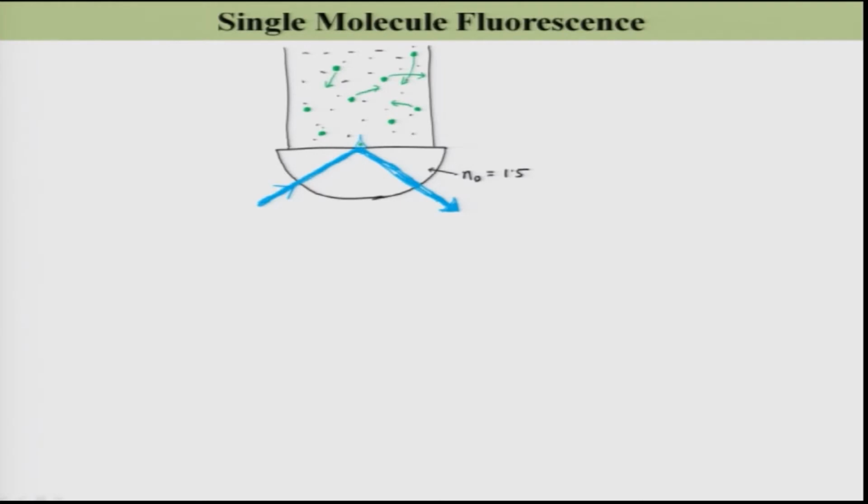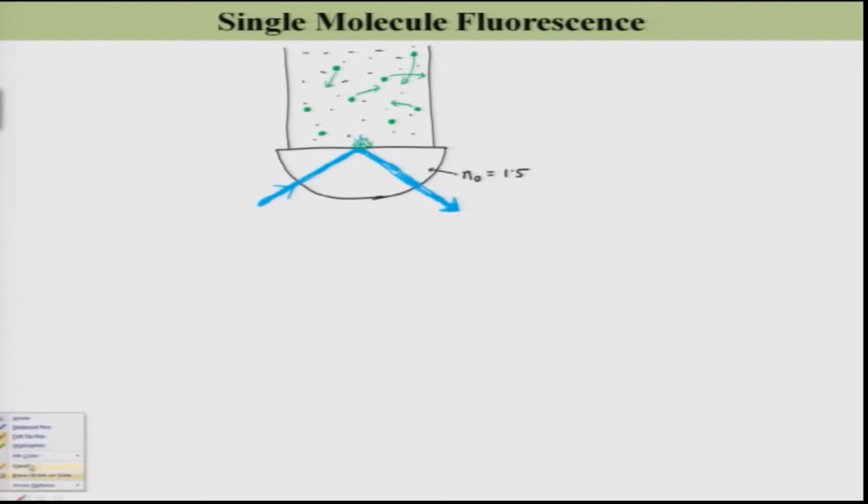Here the evanescent field, having a wavelength similar to the excitation of this incoming light, will be able to excite your fluorophore. Then you will get fluorescence only when your fluorophore is present inside this small observation volume. When the fluorophore is present here, they are dark, they are not fluorescing, and when the fluorophore is present here, you will get the fluorescence, otherwise not. So, by this you can achieve this small observation volume.